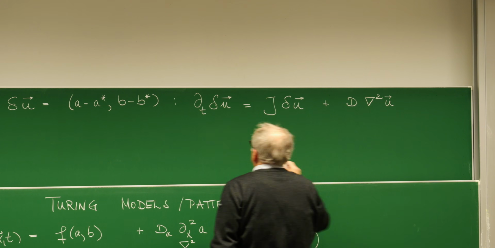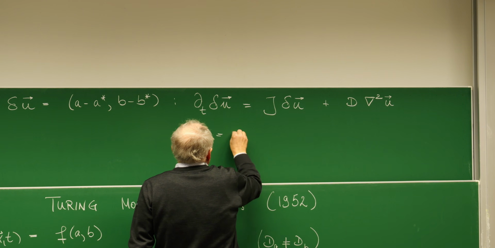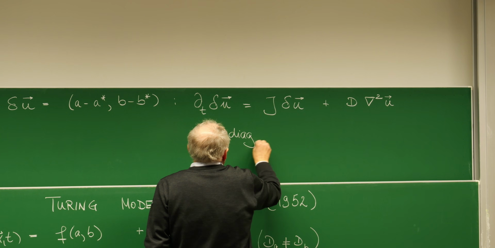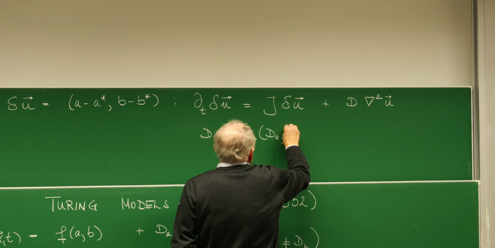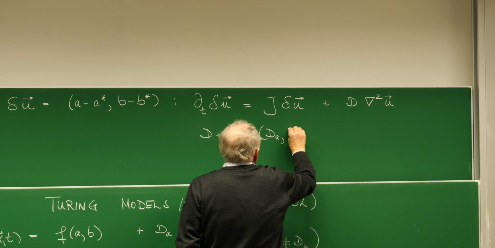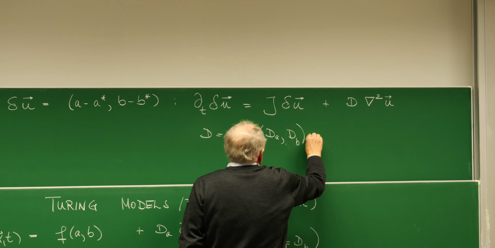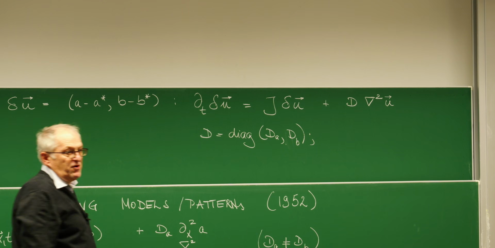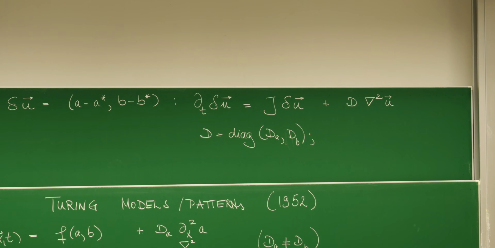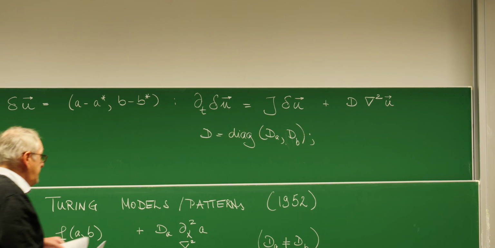And this D here is a diagonal matrix containing the two diffusion coefficients dA, dB. I could also make it more general and say there's cross diffusion between the two different species A and B, and then this would become a full matrix.